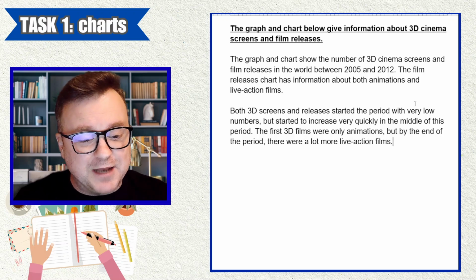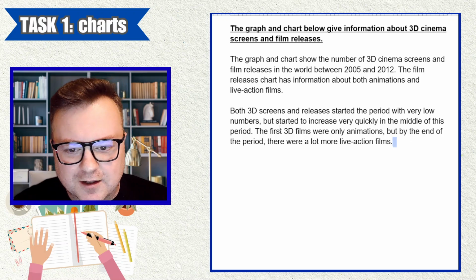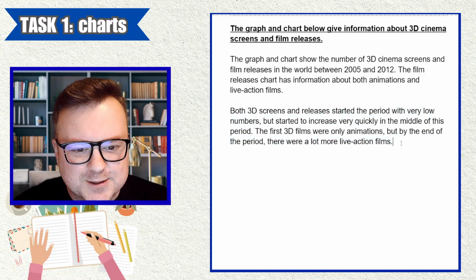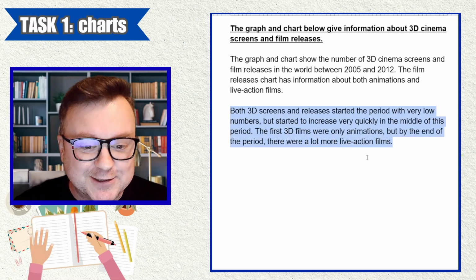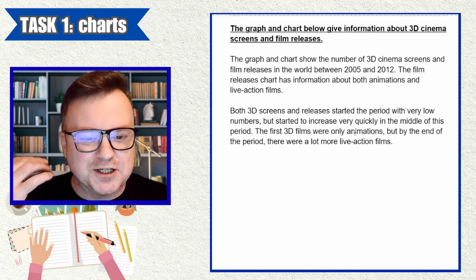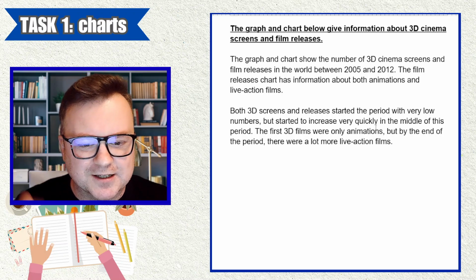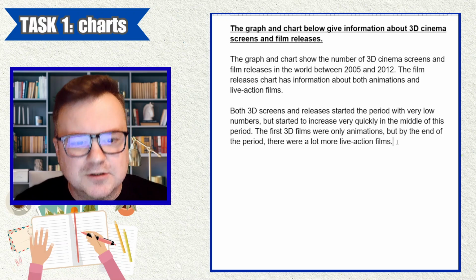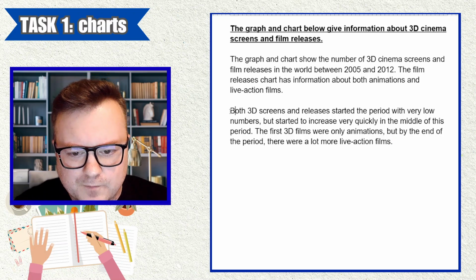Again, I'm trying to keep language very, very simple. If you think like, what is this simple language? I'm trying to aim for band 7, and I'm trying to get my band 7 through writing nice, clear, accurate, informative writing. Let's just check this.